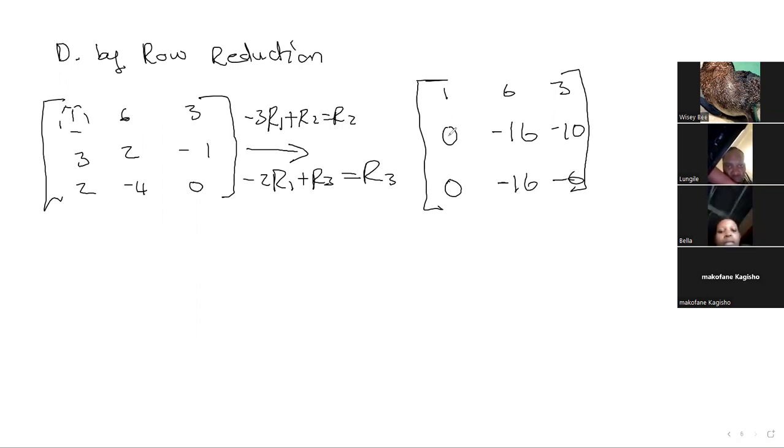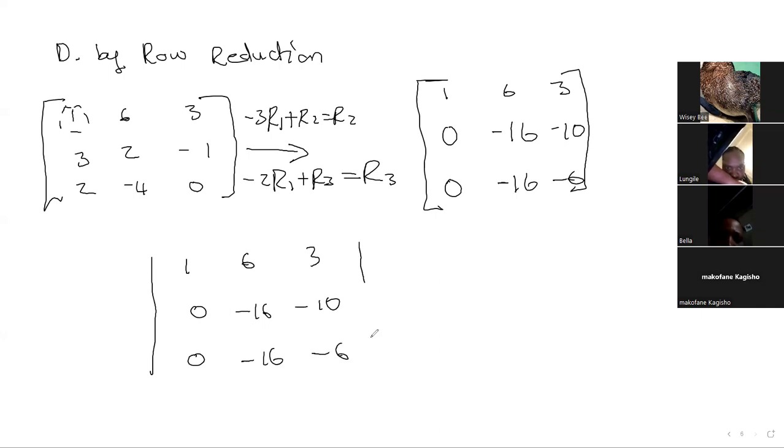So basically, we just need to get these zeros. And once you have these zeros, you can find the determinant of this matrix, 1, 6, 3, 0, minus 16, minus 10, 0, minus 16, minus 6, by using the one that has a lot of zeros, minus, then plus.